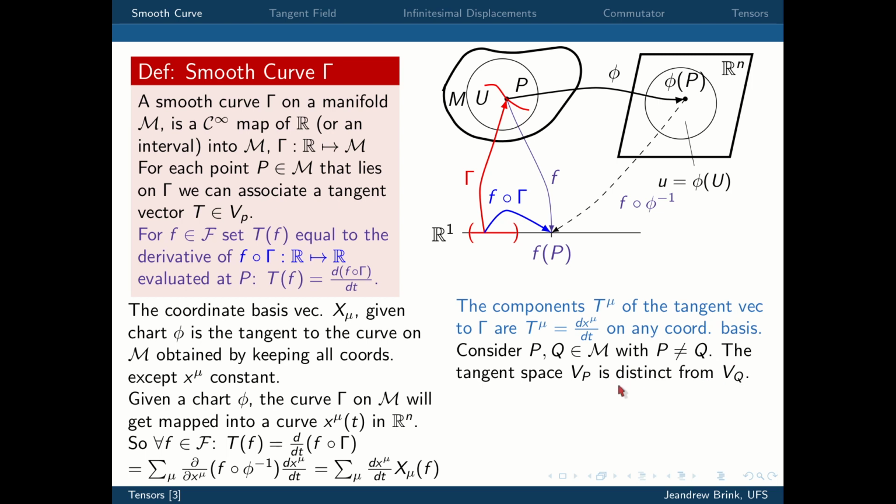All we've had is that a vector is a function watcher here, and you're going to have a different function watcher over there at Q.